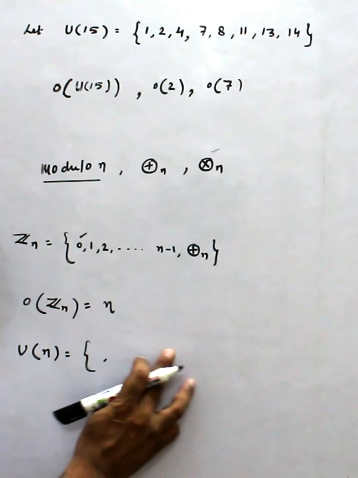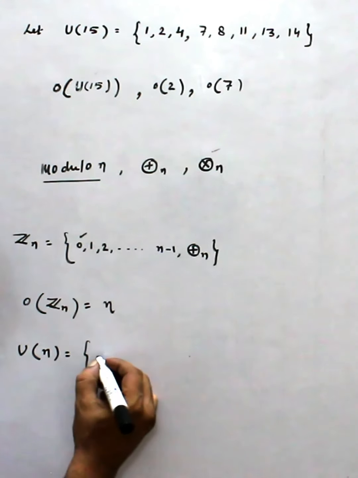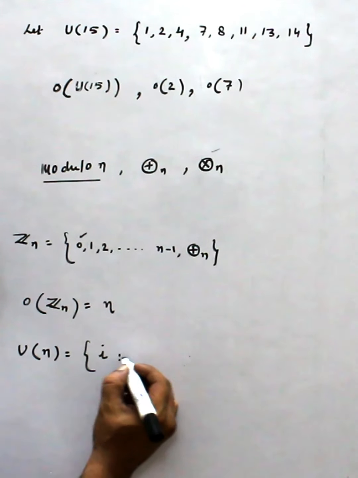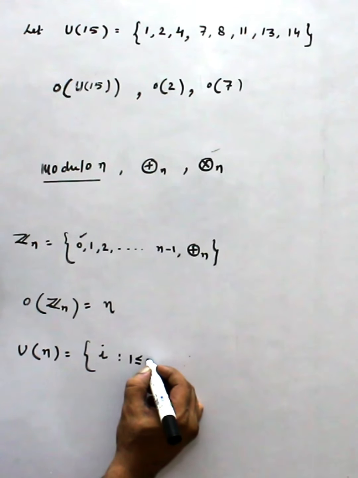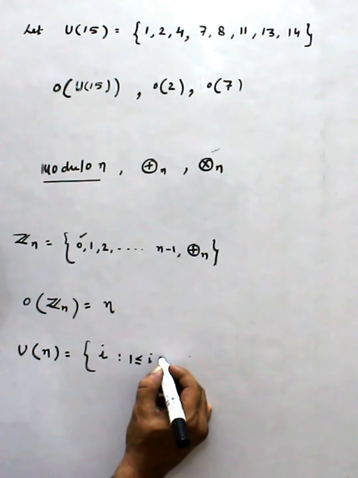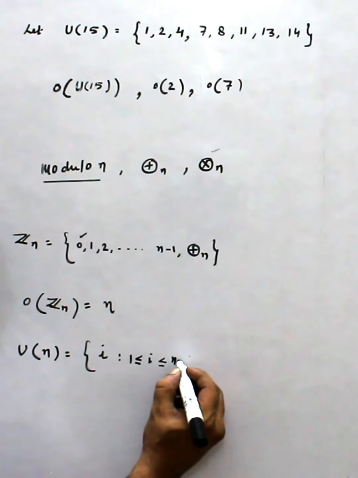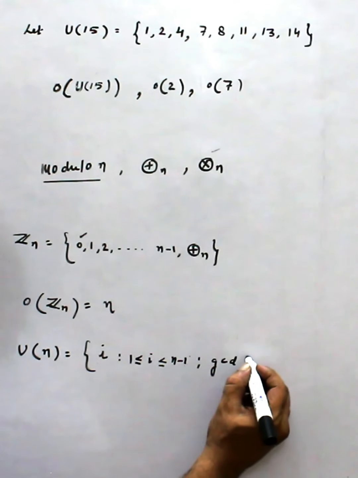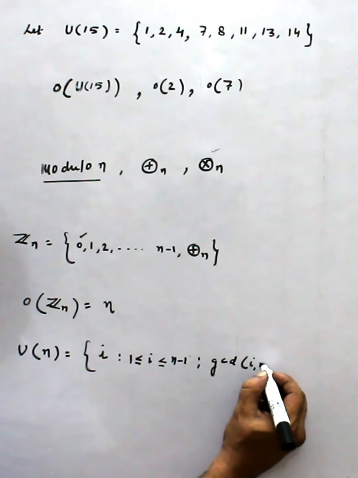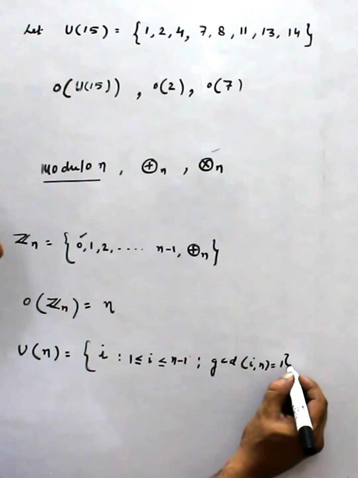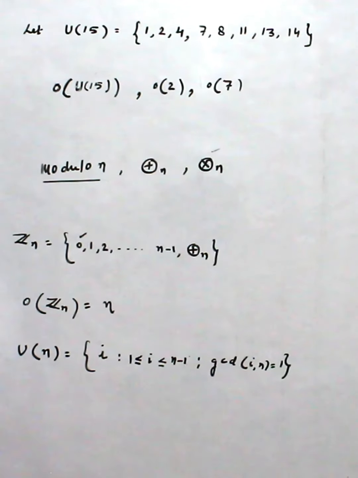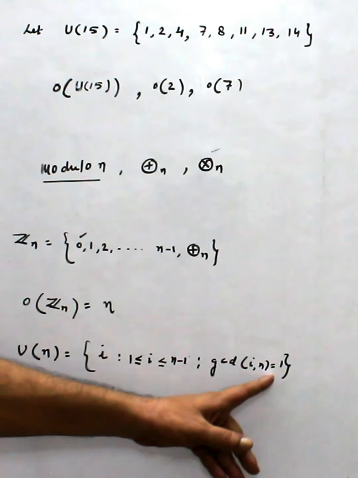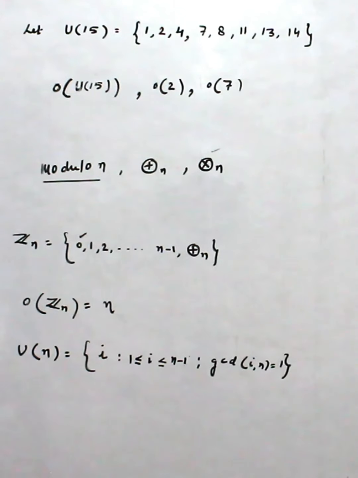That means, the other way, suppose there is an element i, this i varies from 1 to n minus 1 and GCD of i and n is equal to 1. That means these elements are co-prime.